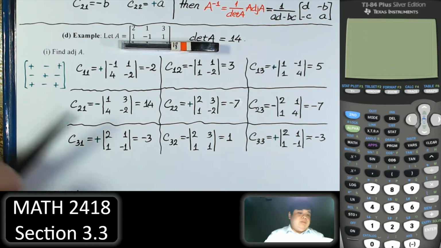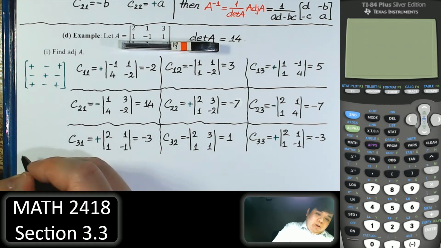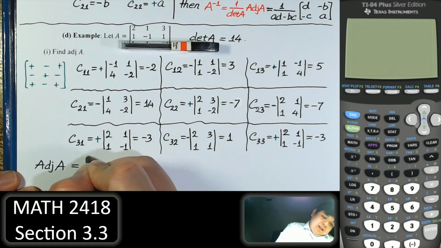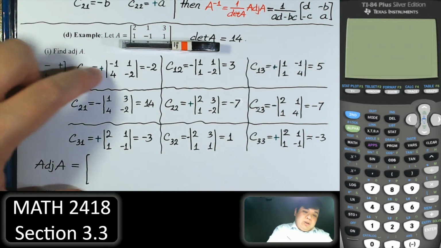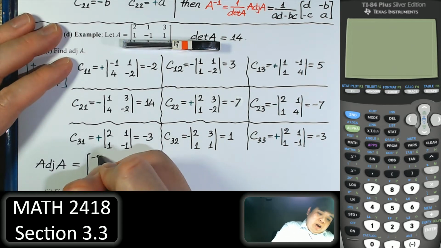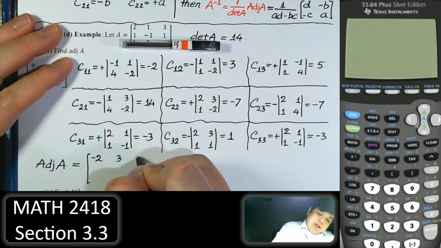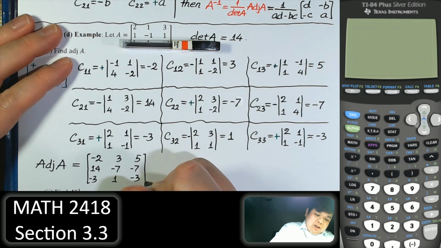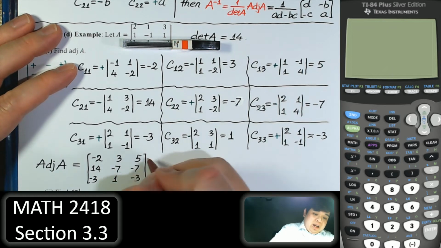Now, put all of this together to form the adjugate of A. It's going to be all those cofactors, but they have to be transposed. So I'm just going to write the numbers. Negative 2, 3, 5, 14, negative 7, negative 7, negative 3, 1, and negative 3. Don't forget in the adjugate there is a transpose.